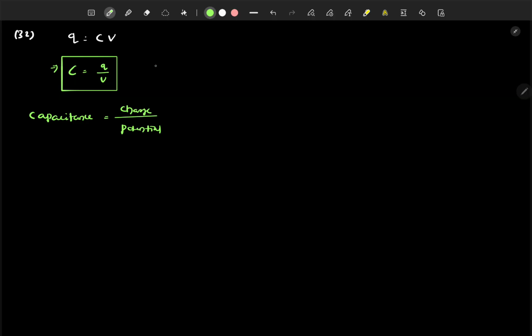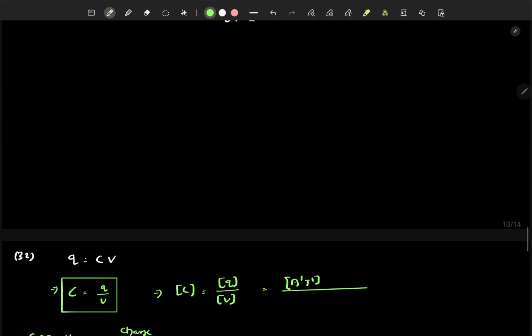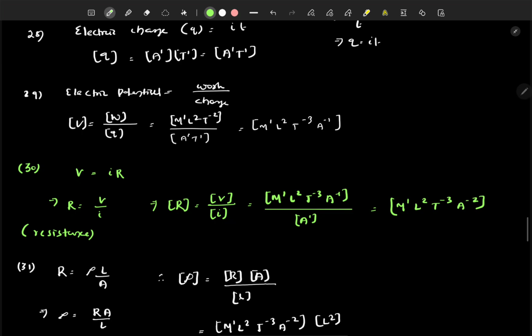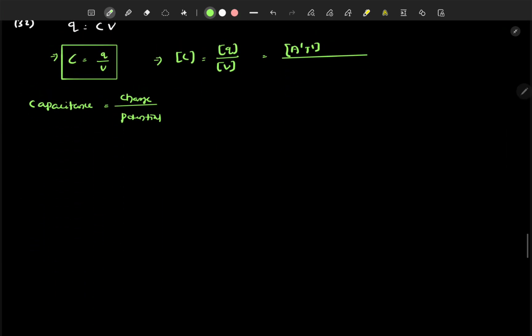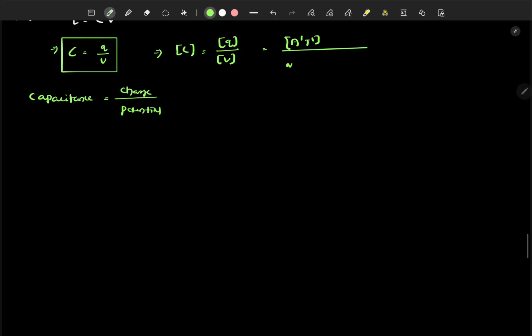So we can say the dimension of C is equal to the dimension of Q divided by the dimension of potential. The Q dimension is A1 T1. And the electric potential dimension we have just written: 1, 2, minus 3, A power minus 1.